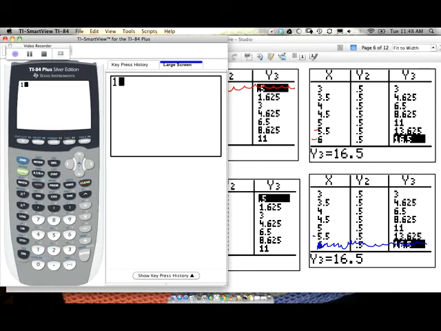So we just need to add 1.625 plus 3 plus 4.625, plus 6.5 plus 8.625 plus 11, and then we got 2 more items, 13.625 and plus 16.5.